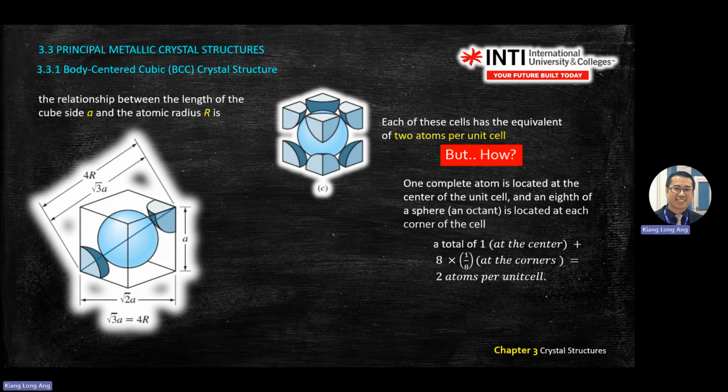This is a right angle. When you draw a diagonal, you are seeing a right angle. How do you find the length of x? x squared equals a squared plus a squared, right?